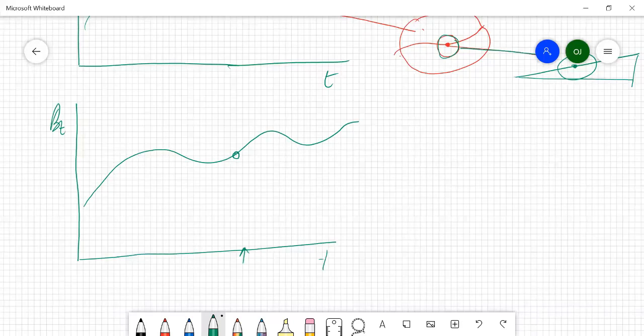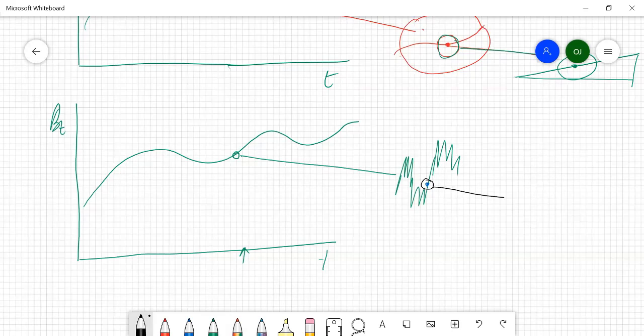If we magnify this point, instead of getting a smooth curve, we'll find something like this. Now, again, assuming the point you are referring to is this particular point here, if you magnify it up again, you will get another thing like that.